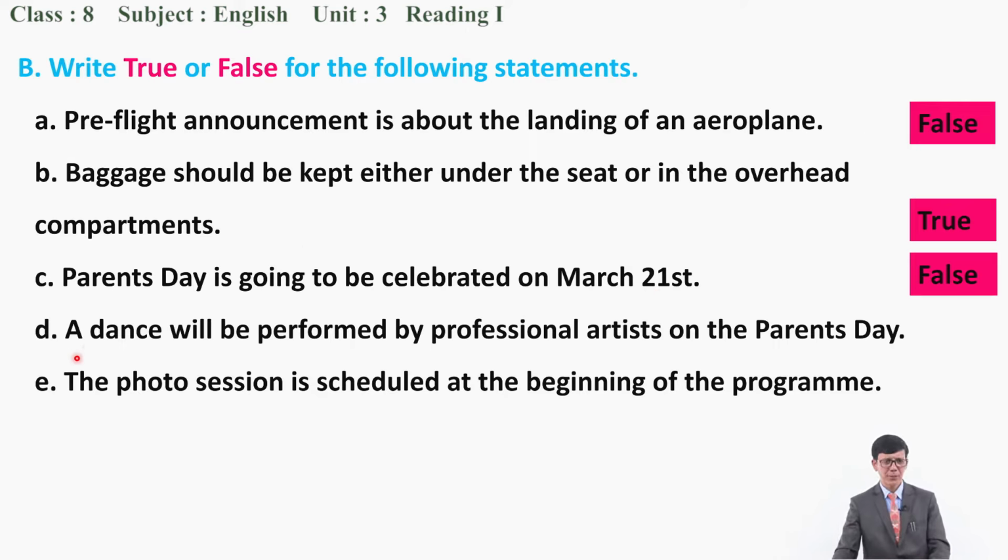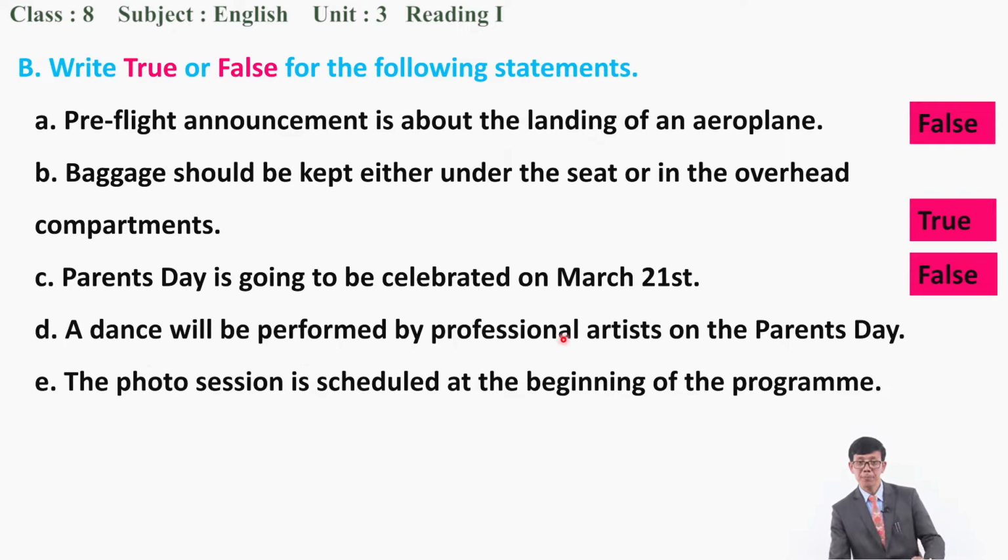What about the next? Dance will be performed by professional artists on the Parents' Day. What do you think? Will the dance be performed by professional artists or someone else? We read the second announcement. And what about the cultural performance or cultural show? Please check your text there in the second announcement.